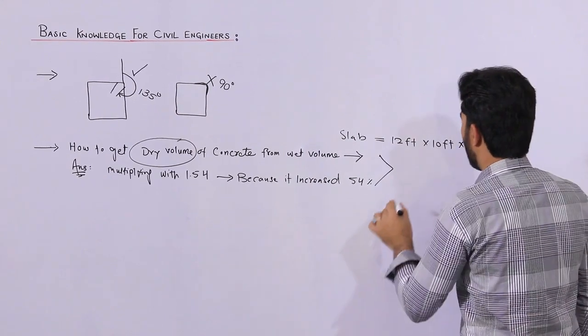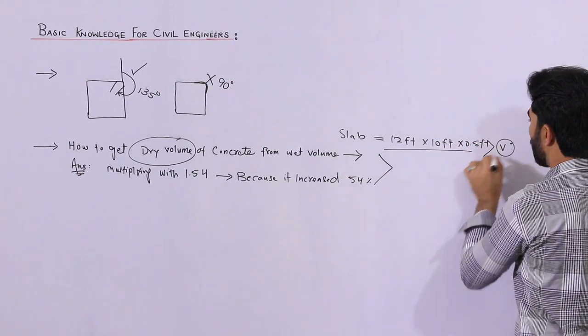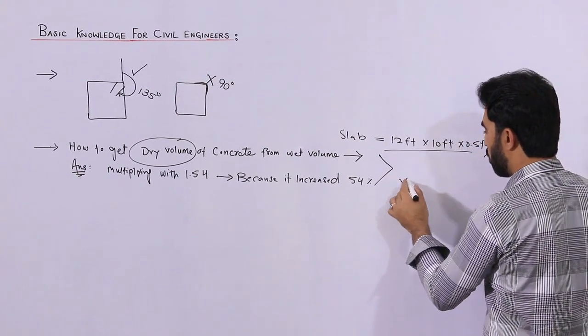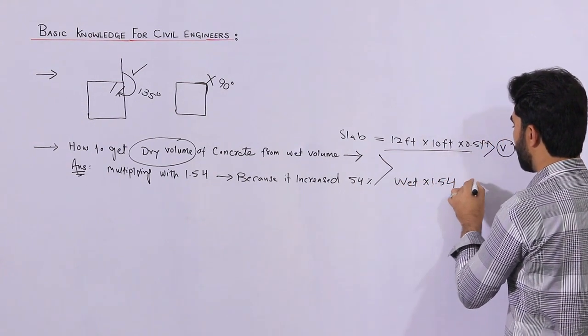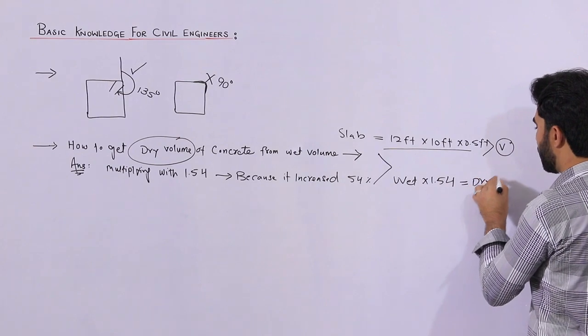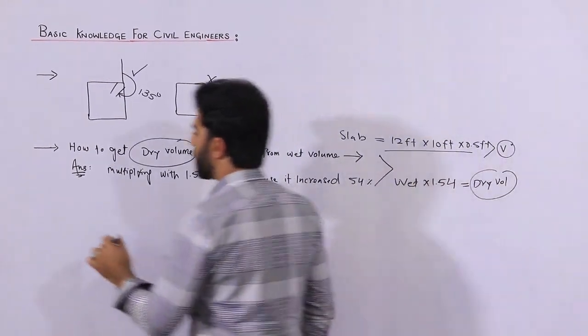When you get any volume, multiply the wet volume by 1.54, then you will get the dry volume. So this is simple.